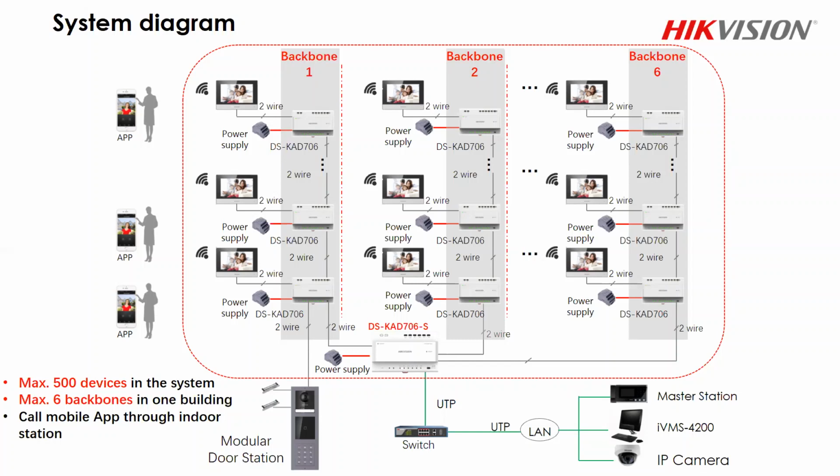The secure module is an accessory that we introduced in our whole access control and video intercom system. It is an optional accessory, and it is only needed if you are worried that someone breaks this door station, because this door station is connected to the door directly.